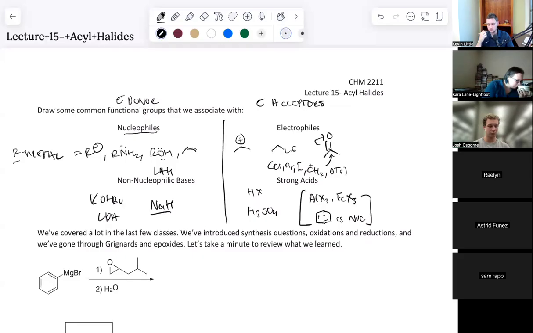We added something last class to the electrophile section, and that was an epoxide. Epoxides act just like carbonyls, but they have the extra variable of being able to add into two different carbons. So you have to decide which carbon it adds into depending on the situation.